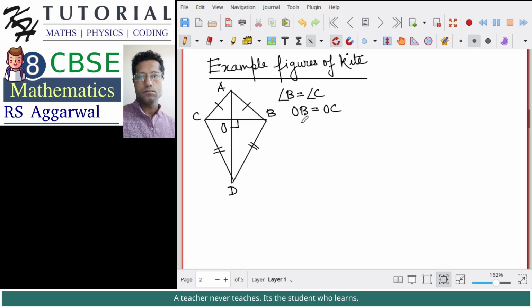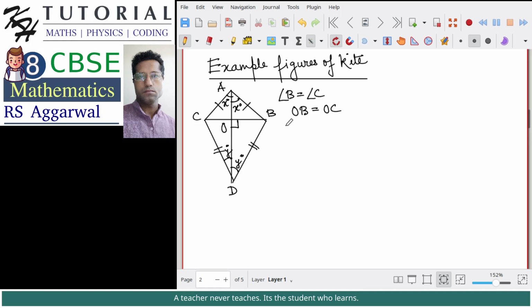If this is x degrees, this is x degrees, this will also be x degrees, and if this is y degrees, this is y degrees, this will also be y degrees.